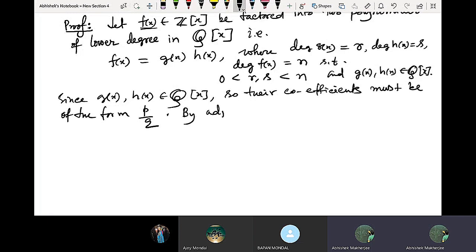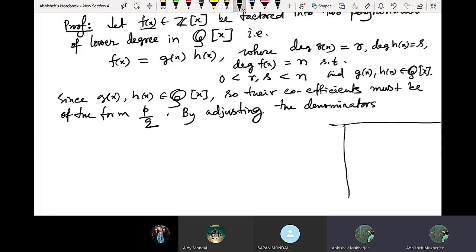We adjust the denominators. That is, suppose the polynomial looks like this: 2 by 3 x plus 1 by 4.